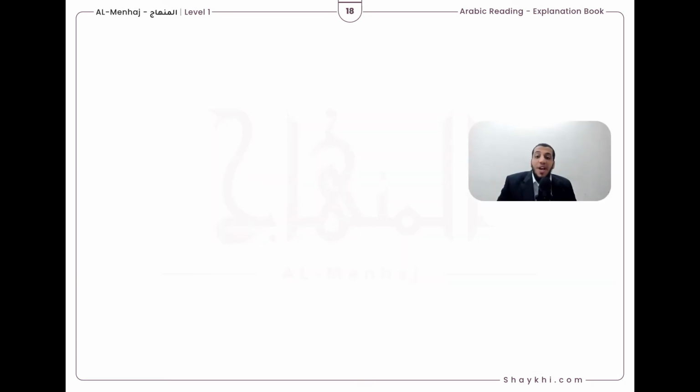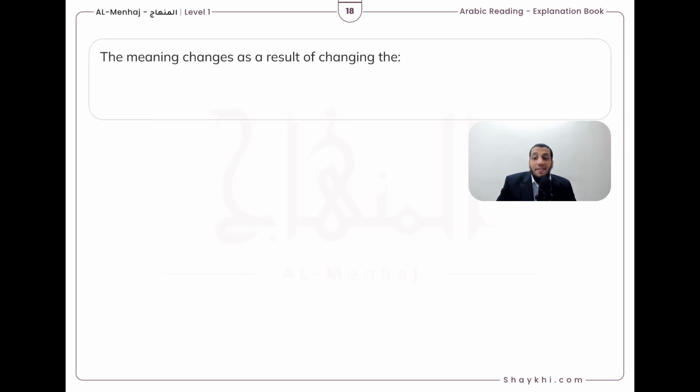Okay, so the other point that I want to discover with you, my dear students, is that the meaning of the word changes as a result of changing the letters or the symbols.